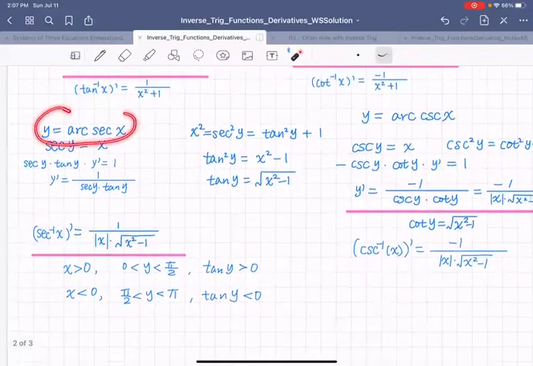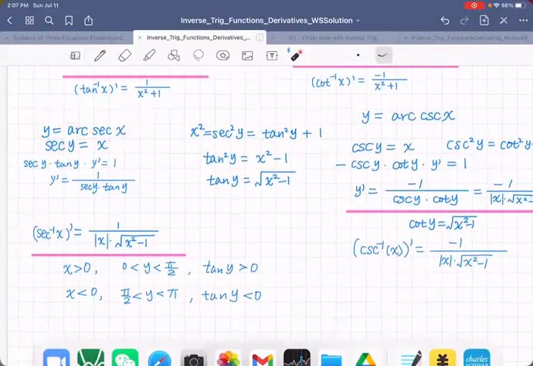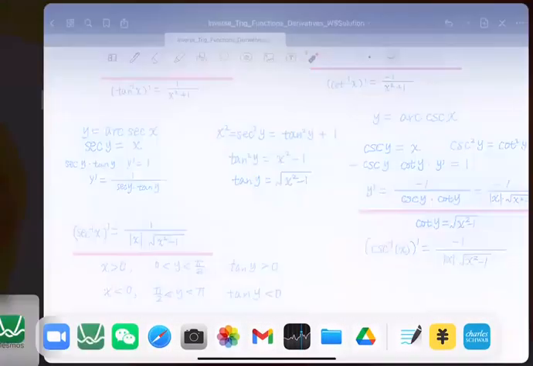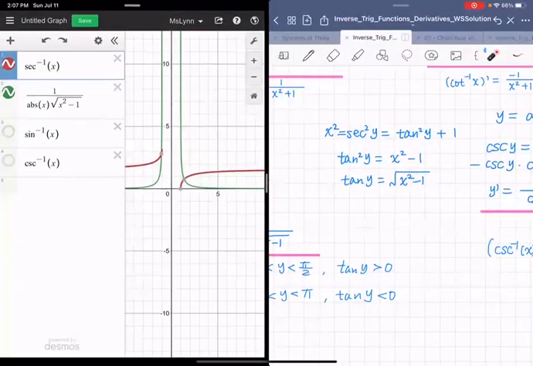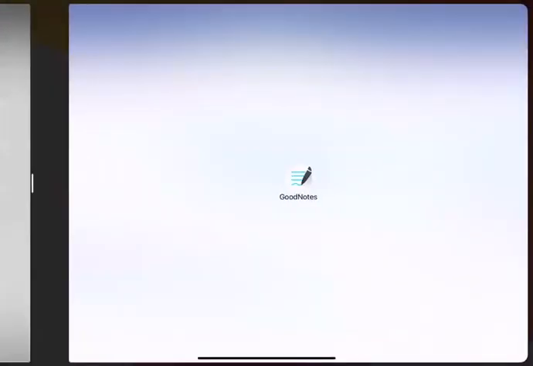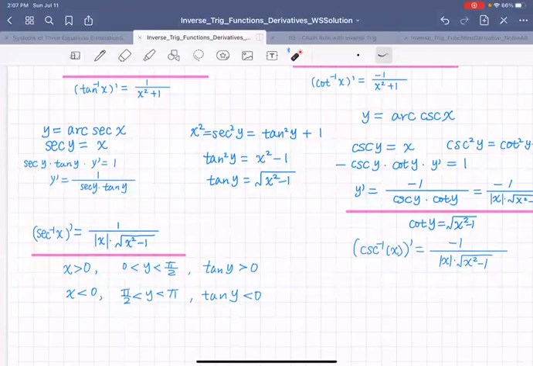From the arcsecant x, you already see that both x bigger than 0 or x less than 0, it is a positive slope. It is a positive slope. So your derivative has to be positive. When x is negative, okay?